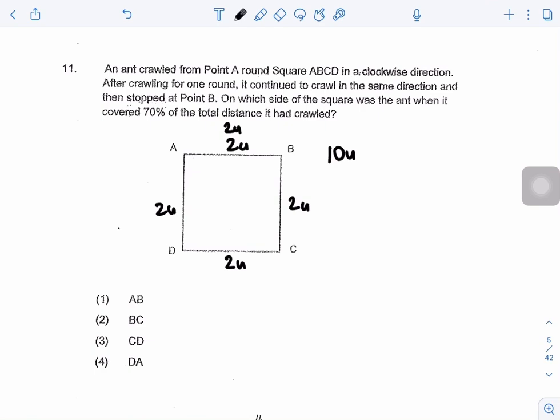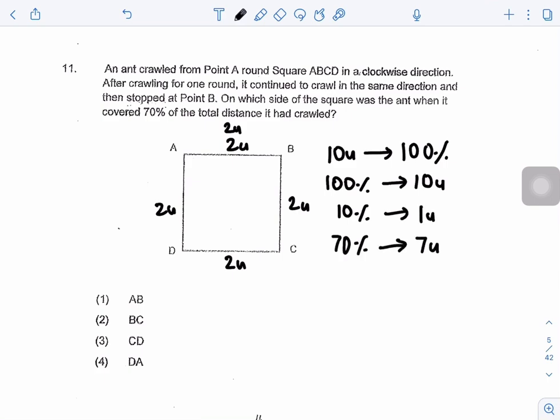He crawled a total of 10 units, and 10 units is 100% of the distance that he crawled, which means that when he crawled 70%, he should have crawled 7 units already. Does that make sense? Let me switch it around if it's not clear. That means that 100% is 10 units of distance. That means 10% will be 1 unit, and 70% will be 7 units.